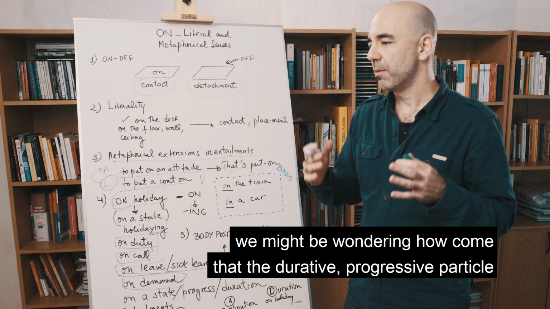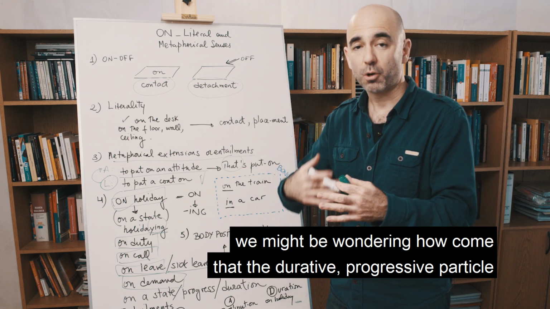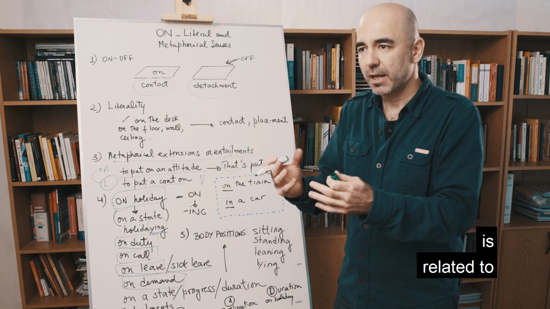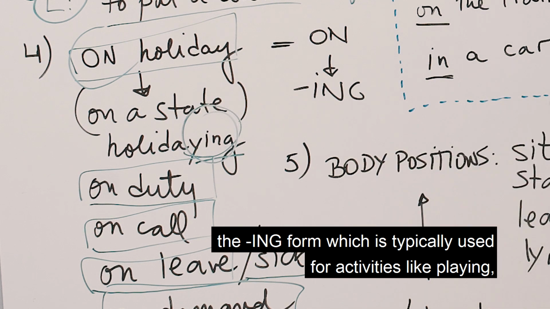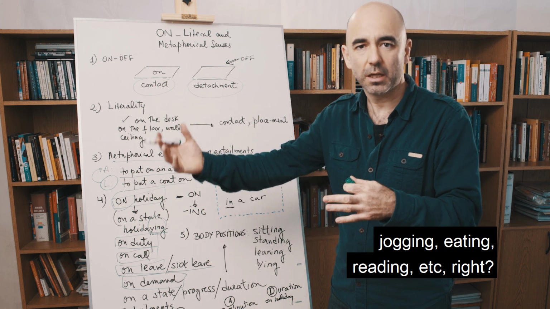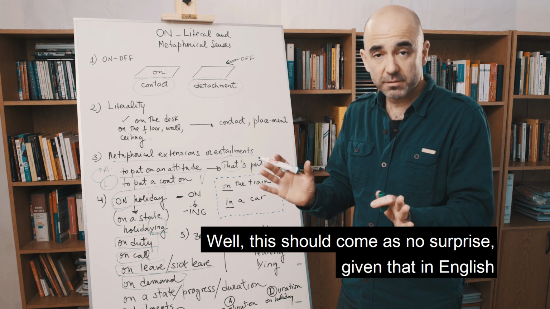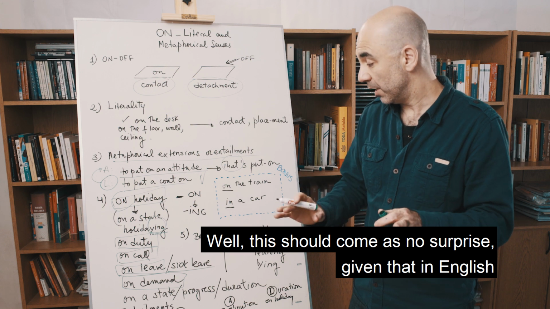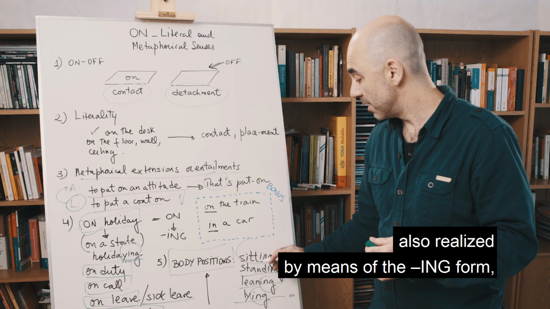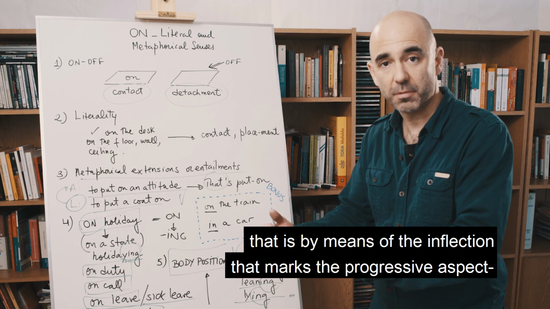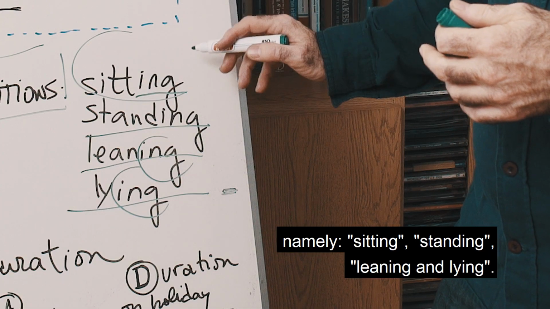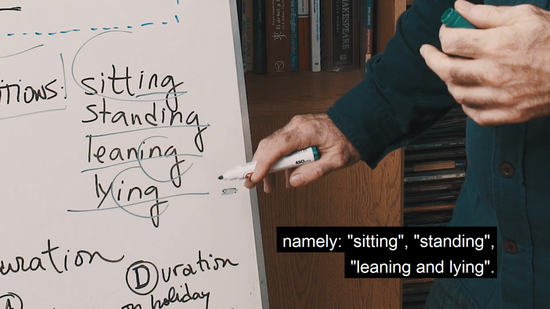Now at this stage, we might be wondering how come the durative progressive particle on is related to the ing form, which is typically used for activities like playing, jogging, eating, reading, etc., right? Well, this should come as no surprise, given that in English there are some body positions that are also realized by means of the ing form, that is, by means of the inflection that marks the progressive aspect, namely sitting, standing, leaning, and lying.